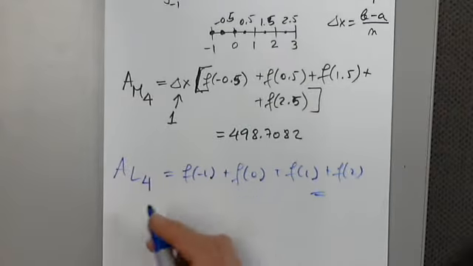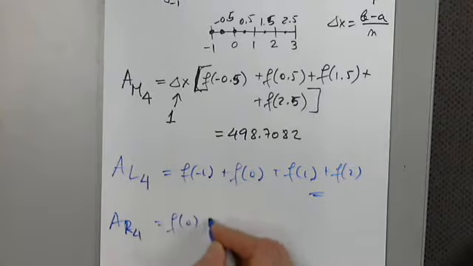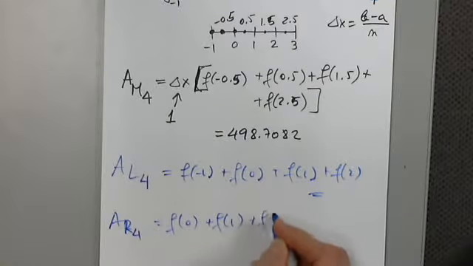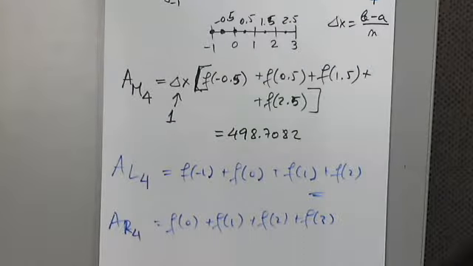For the right, it would be f of 0 plus f of 1 plus f of 2 plus f of 3. And the upper one would be whichever one's greater. It's way easier than I thought. That's for the first one.